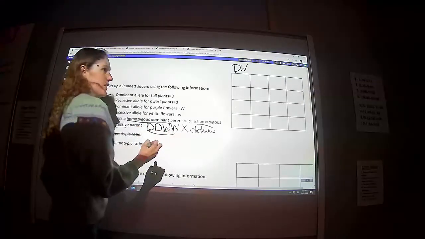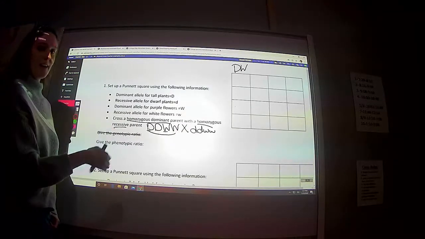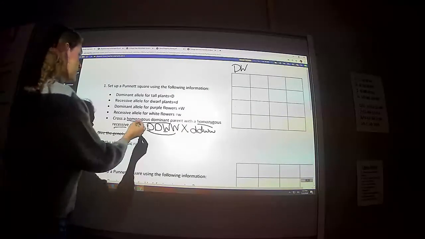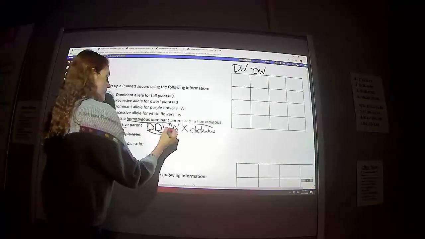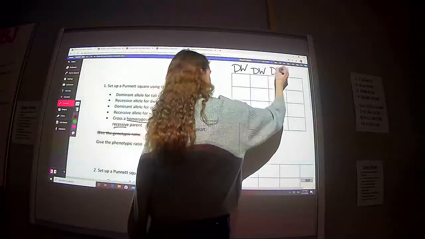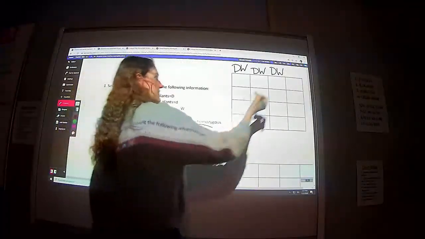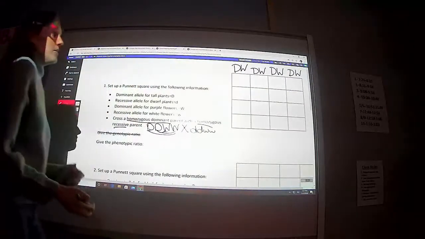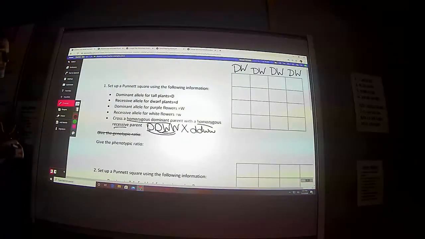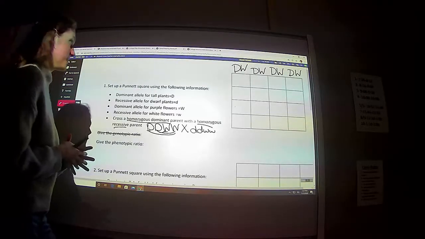Do you remember how to do the FOIL method in math class, first, outer, inner, last? It's basically what you're doing with the dihybrid cross. So my second one is going to be another capital D, capital W. Then I do my 2 inside ones, which happen to be capital D, capital W, and my 2 last ones, capital D, capital W. And you want to start thinking about how you're going to write things, because you have to squish 4 letters into each one of those boxes.